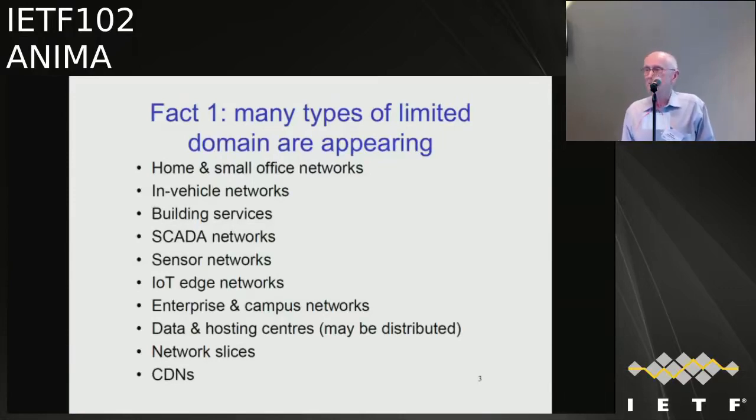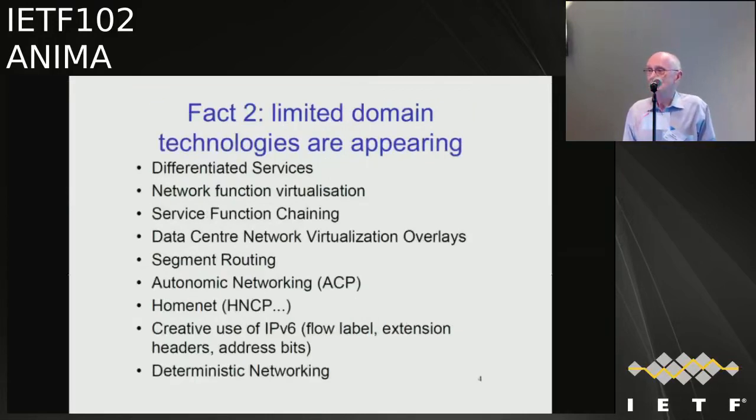By the way, those in particular, but in fact, almost any of these networks can be distributed. Network slices, they're limited domains, and content delivery networks, and there are probably other examples. You know, this is just to make you realize that limited domains in the internet are very common.